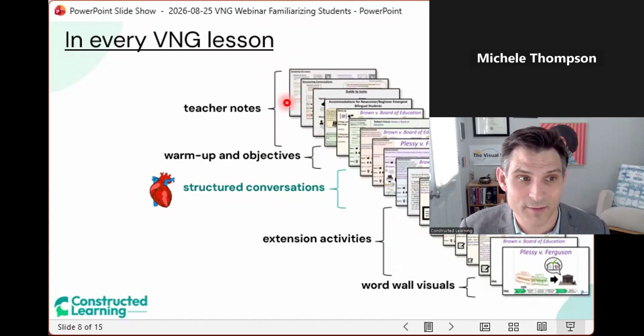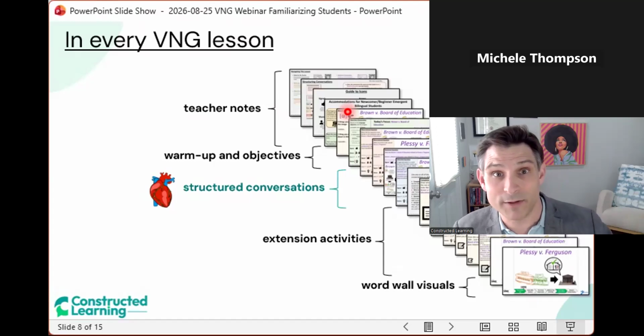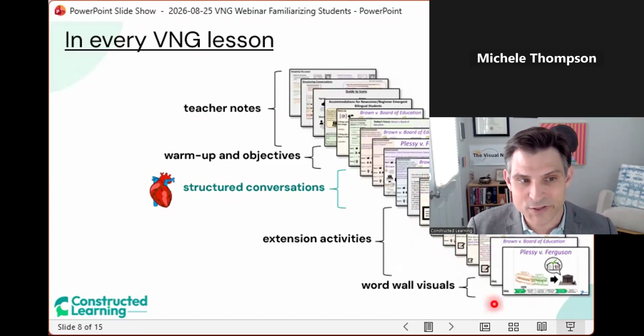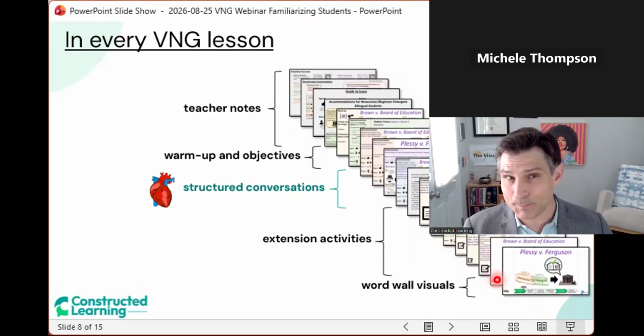They've got QR codes for every single different activity and strategy within these slide decks, and the link that the QR code links to is a YouTube video showing me modeling that strategy or modeling that activity. We've got a lot of extension activities. These are all yellow. The word wall visuals are at the very end, and they are hidden slides.